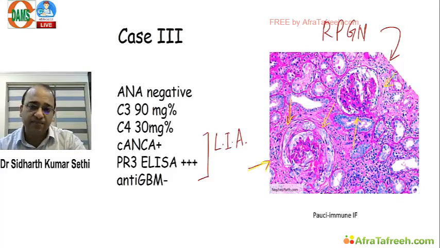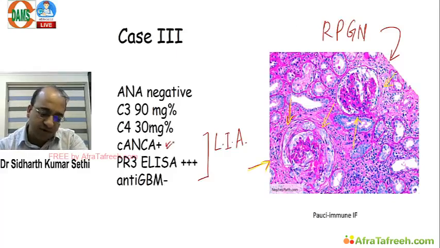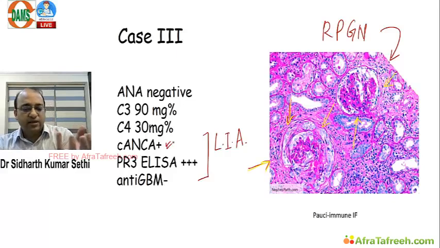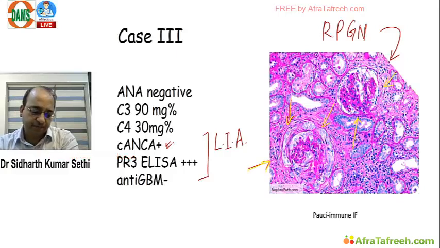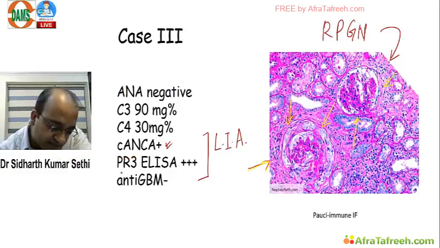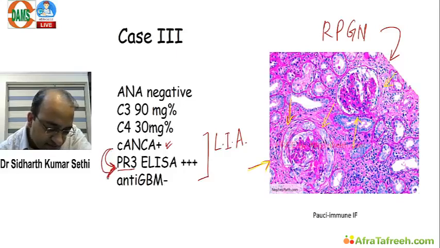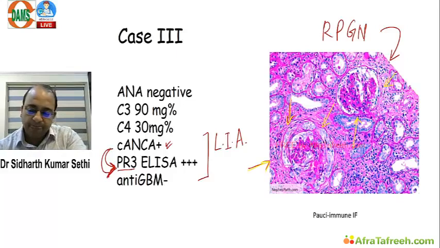C-ANCA is basically an immunofluorescence, and we look for antibodies against the cytoplasmic antigens. Okay, which is actually an antibody against proteinase 3. So remember, C-ANCA is an antibody against proteinase 3.